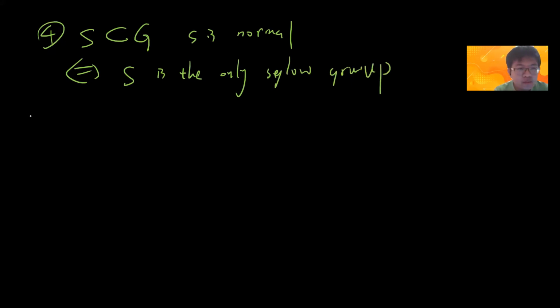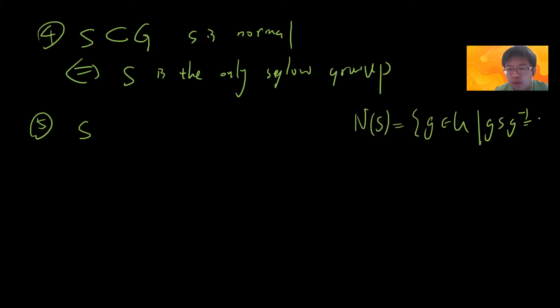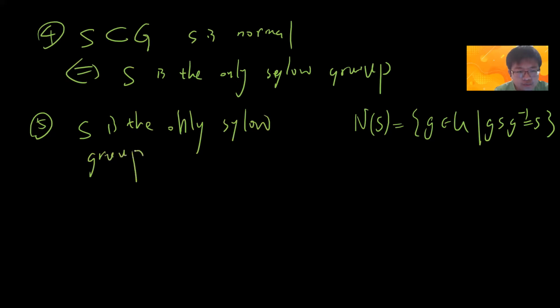Number 5: we define the so-called normalizer. Given any subgroup S, one can define the set of g in G such that g S g inverse is S. This is called the normalizer of the subgroup. The fifth result says that S is the only Sylow p-subgroup of its normalizer.